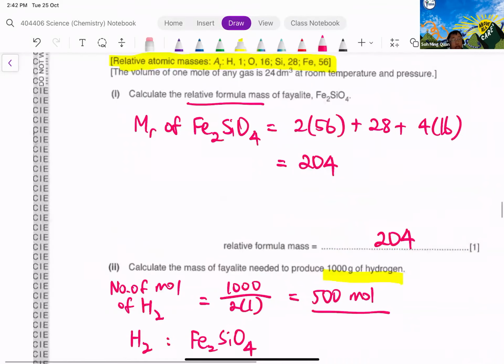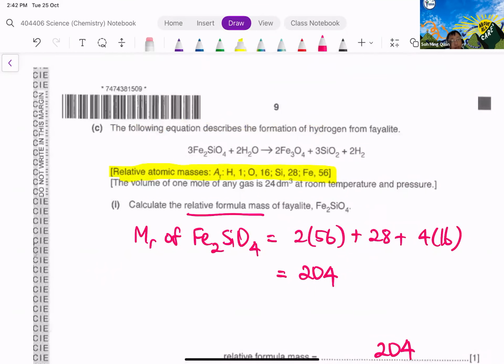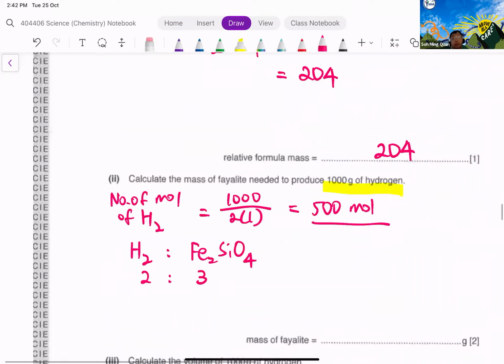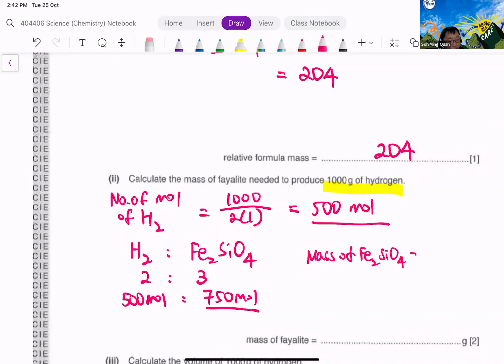So you go back to the equation. It's 2:3. All right. So 500 moles is to 750 moles of fayalite. So what's the mass of fayalite? It is 750 moles times 204.